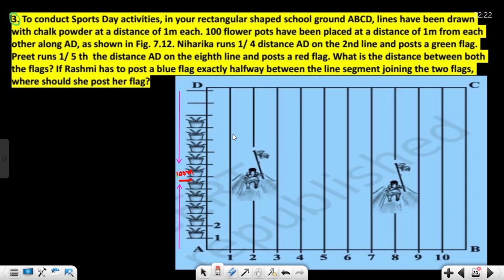So, 100 pots placed at 1 meter each, along AD. Shown in the figure. Okay.